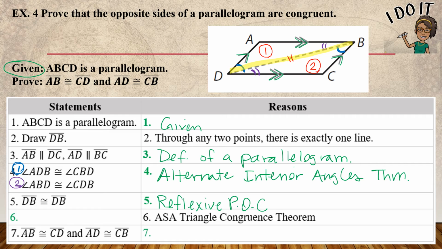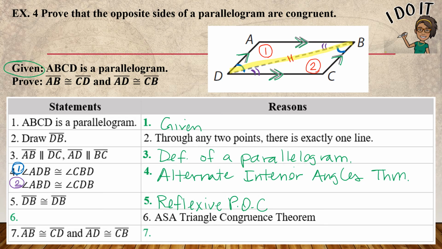So now that we've established that there are two triangles here, we can look at the parts that these two triangles have in common. I see that both triangles have a corresponding blue angle, and both triangles have a corresponding purple angle. That came back from statement 4 and reason 4 with the alternate interior angles.